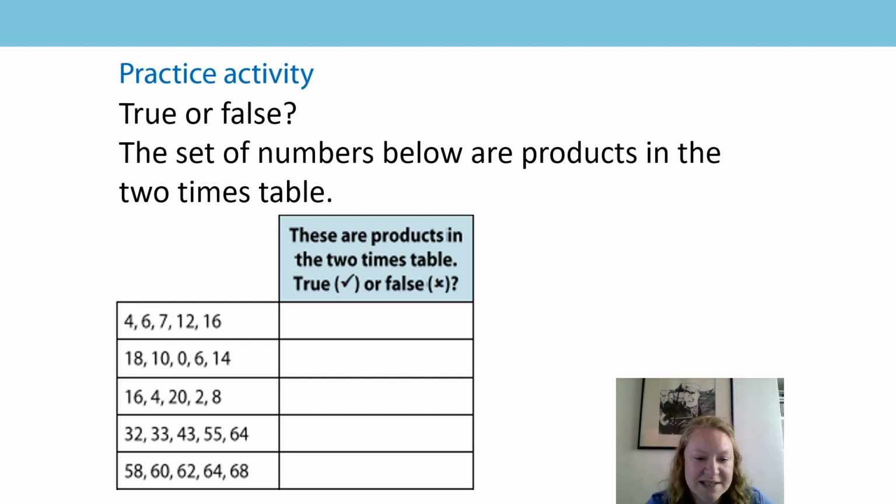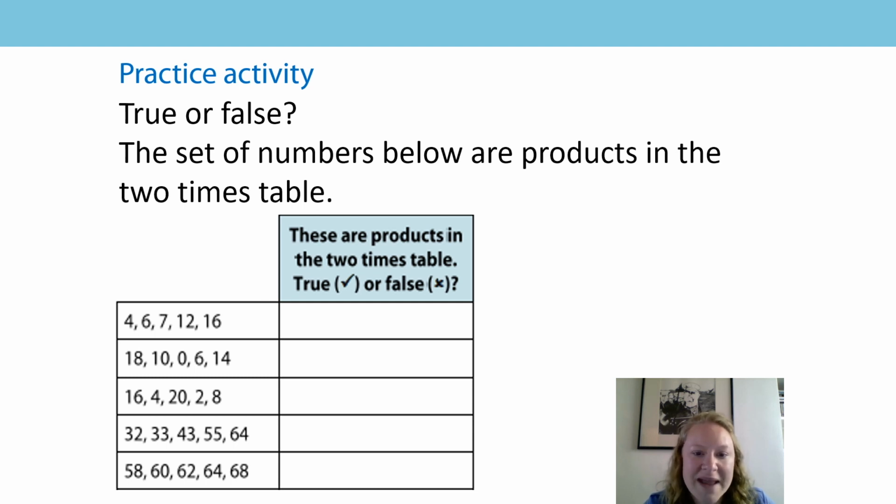Okay, so we've got a little table set out there, and there are numbers, and then you have to tick in the column next to it whether you think they are all products in the 2 times table or not. So you can use your finger to put a little tick on your screen to whether you think all those numbers in each list are products in the 2 times table or not.